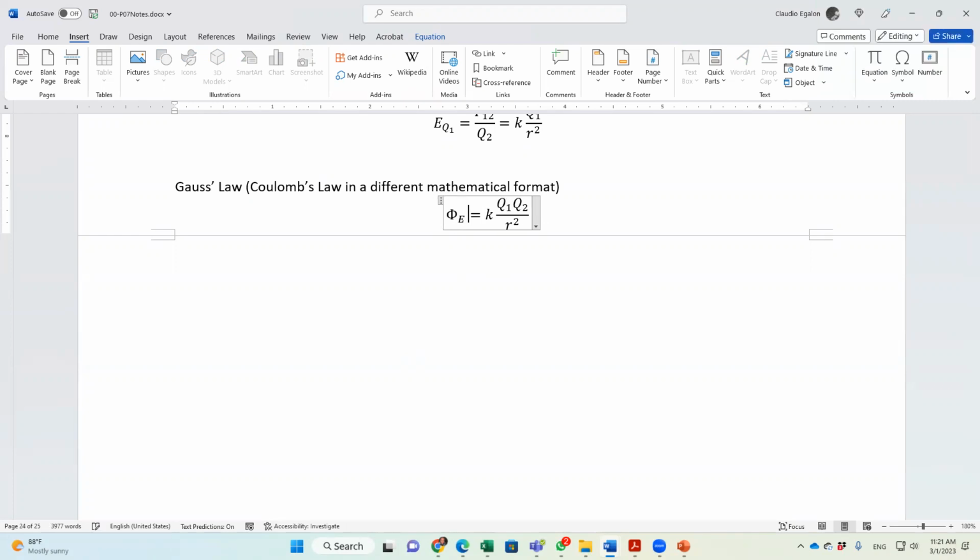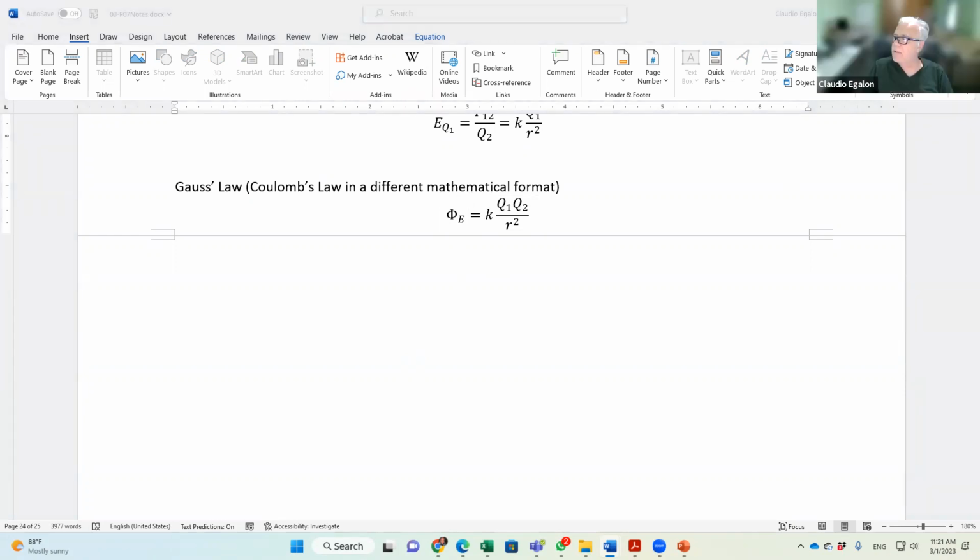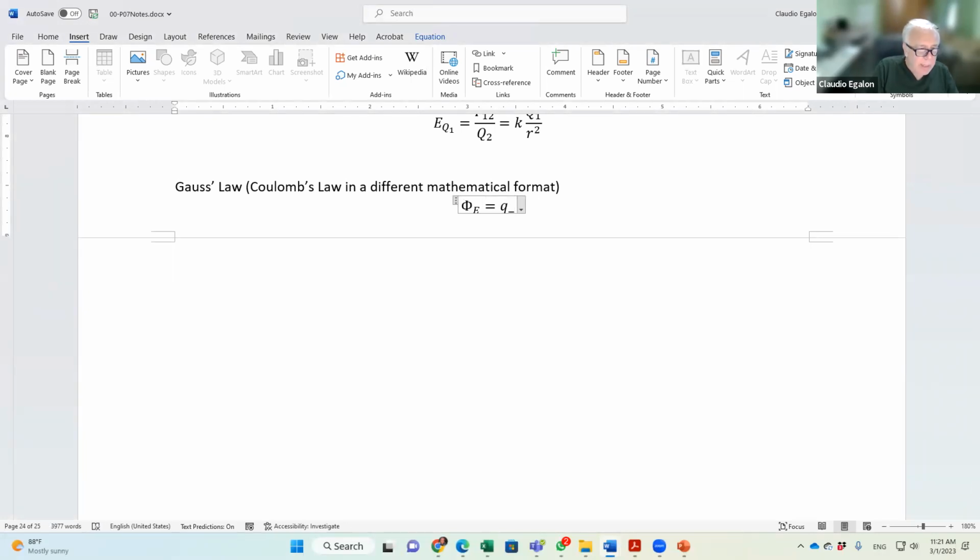The electric flux through a closed surface is equal to the charge enclosed by that surface times 4 pi k.